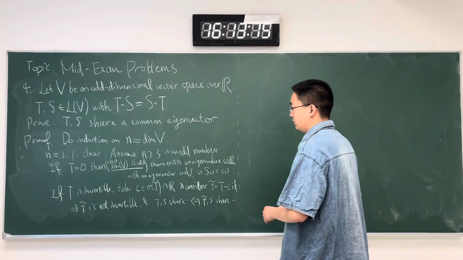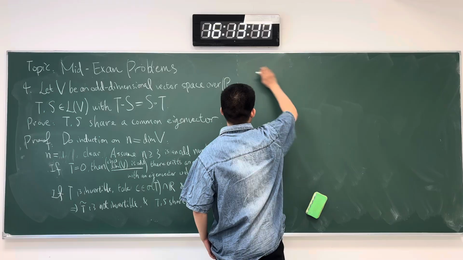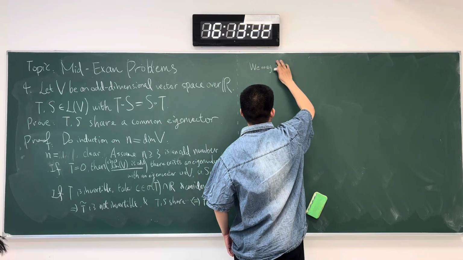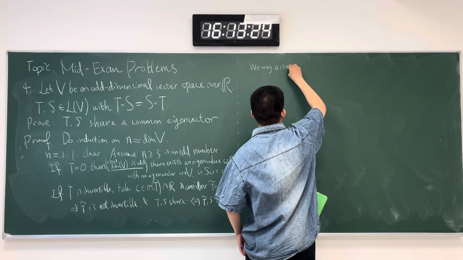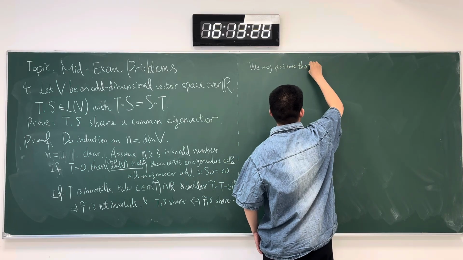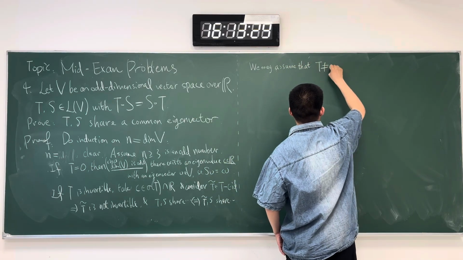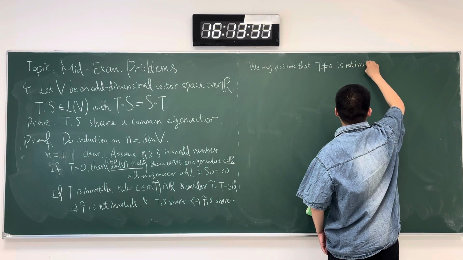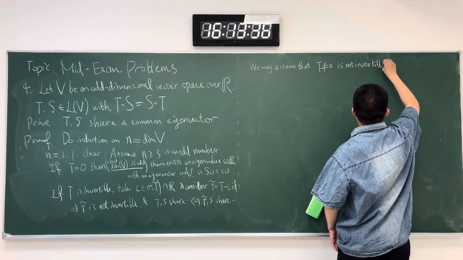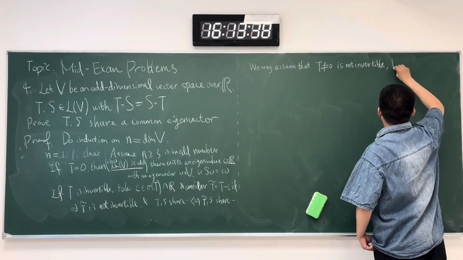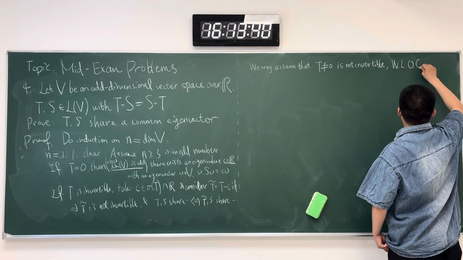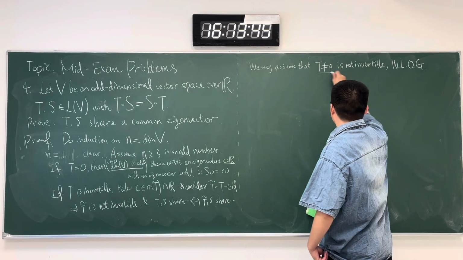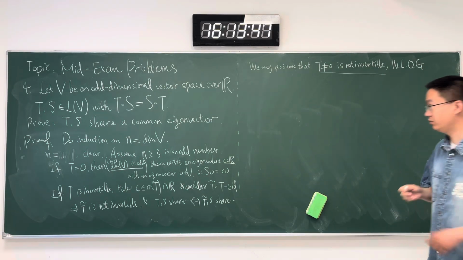So in the rest of the cases, we may assume, without loss of generality, that T is not zero and is not invertible. So what convenience do these conditions bring to us?